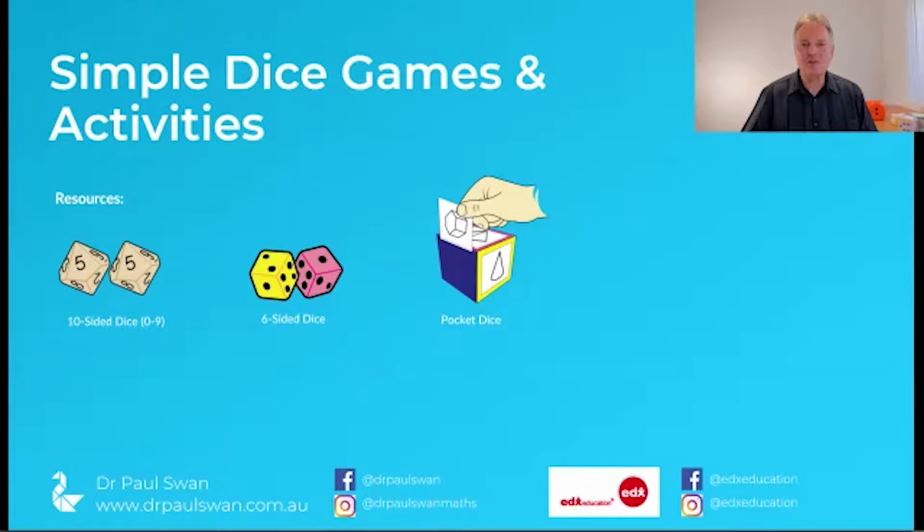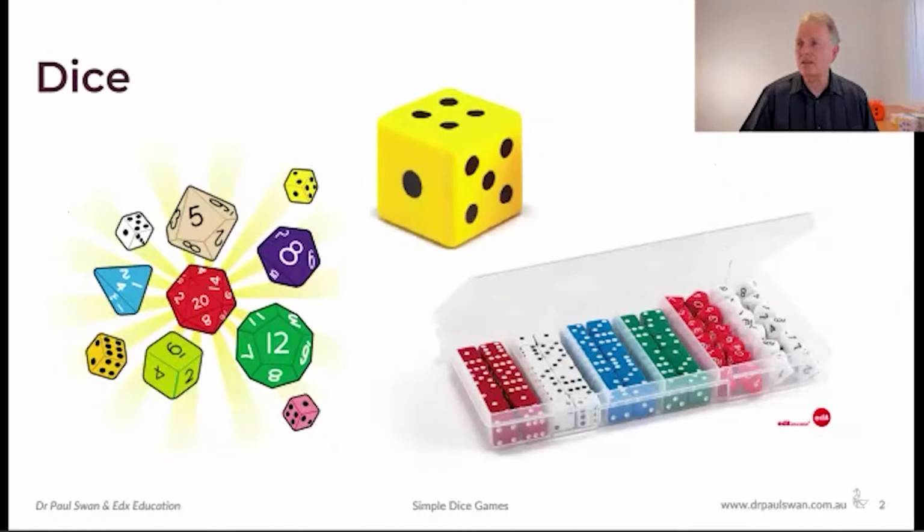So just to put us in the picture here, we're mostly just going to use those 10-sided dice. When I say 10-sided, they're numbered from 0 to 9, so they're producing the digits that we use in our number system. The 6-sided, and I talk a little bit about pocket dice because they're a universal sort of thing. As I said, you can get all sorts.